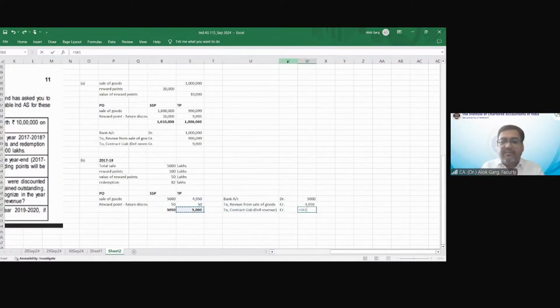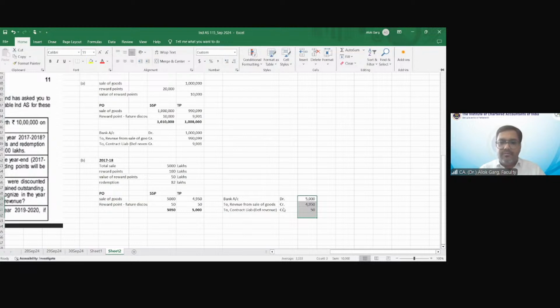What is my contract liability? 50 lakhs is my contract liability. Correct, this is fine, right? Okay. So my contract liability came to this much.